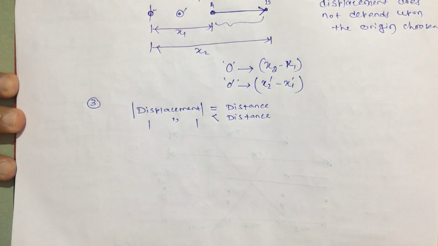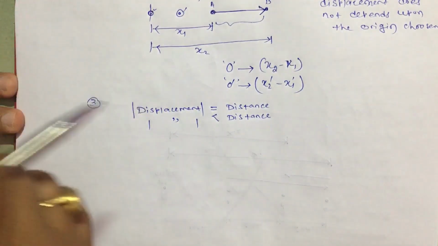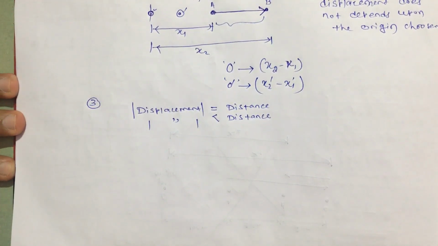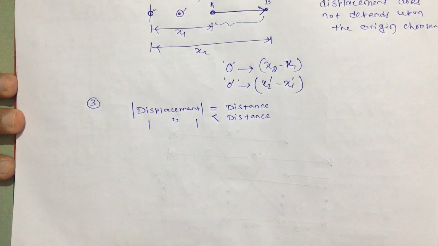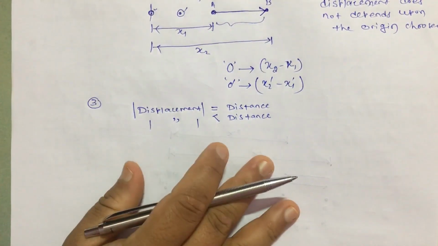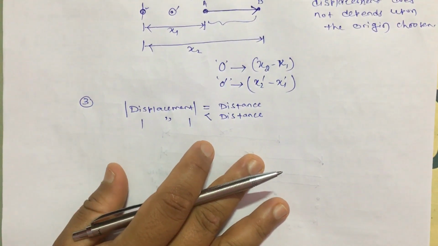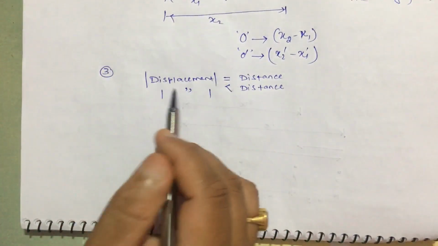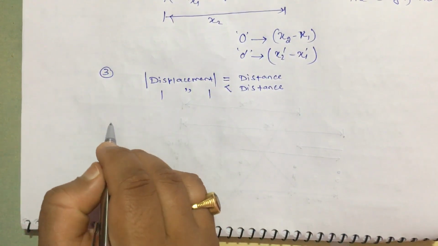That is the definition of displacement. What is the definition of displacement? It is the shortest distance between two points travelled by the object. So, obviously displacement cannot be greater than distance. You can never give an example in which displacement is greater than distance. You can prove this by taking any example of your choice.